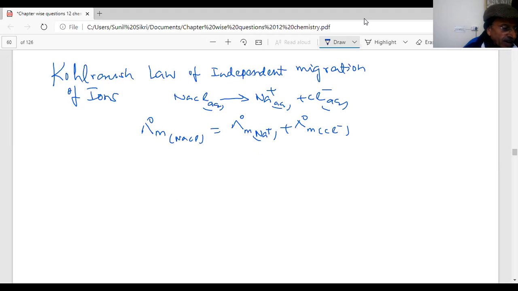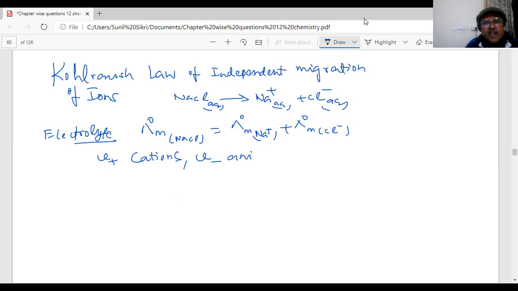And what happens if there is an electrolyte which produces V plus cations and V minus anions?